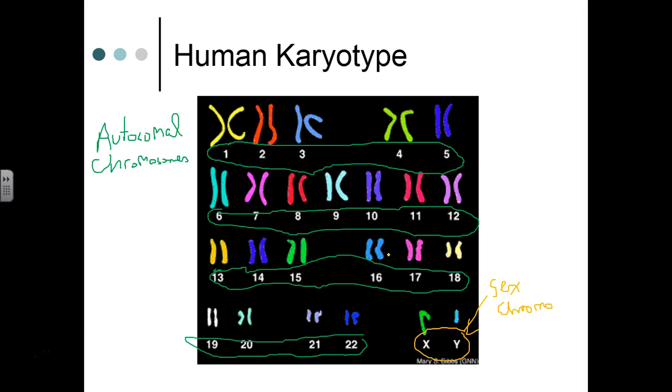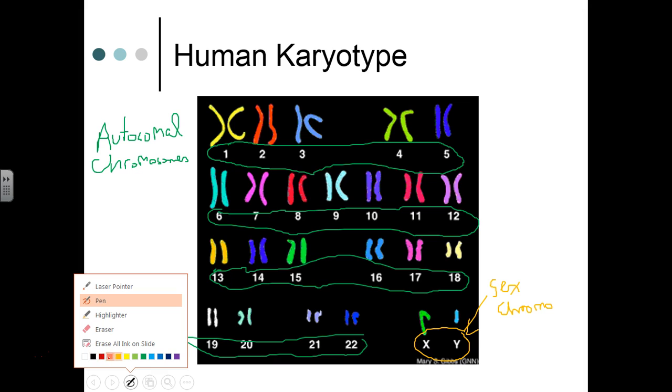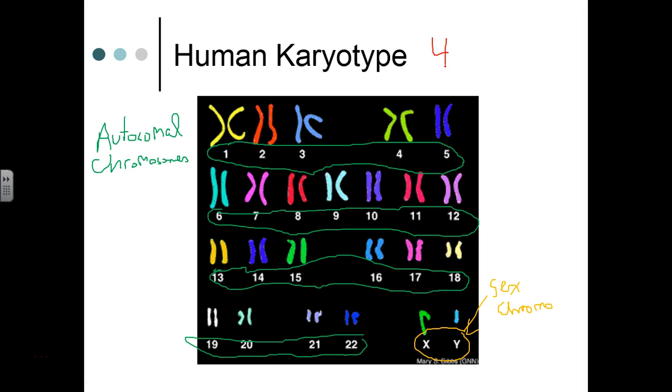So if you count these up, there are 2 for each pair. So this person has a normal diploid number of 46, right? Has 46 chromosomes, and is a male. And so we could write XY, right? And that describes this person's chromosomal karyotype.